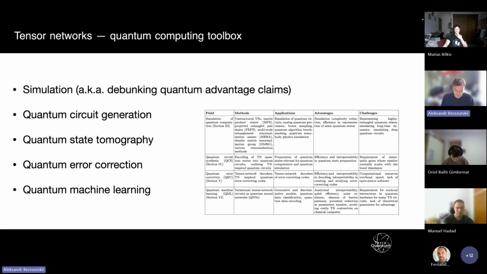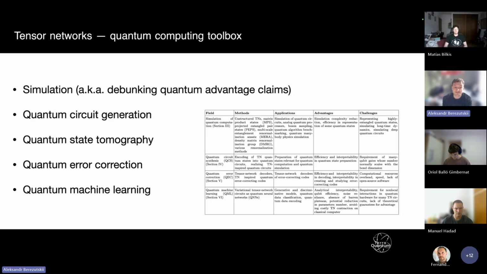These methods allow you to decompose a state into a sequence of operations which people need to apply in the lab to prepare it. One can think about it as uploading data into a quantum computer, like preparing the input state. Then there's also quantum state tomography, which is the inverse of this operation, extracting the state from a quantum computer, which is, of course, one of the cornerstone problems in quantum computing.